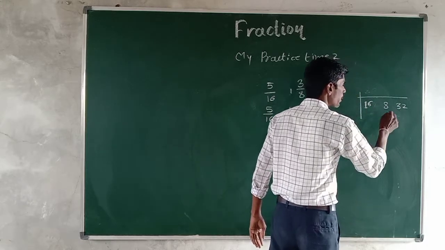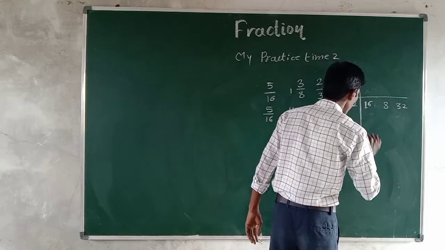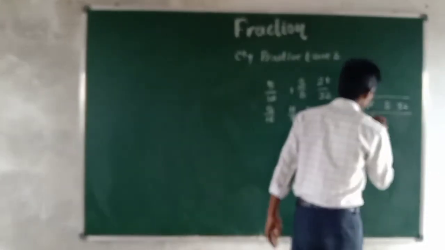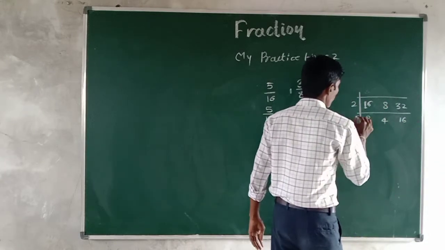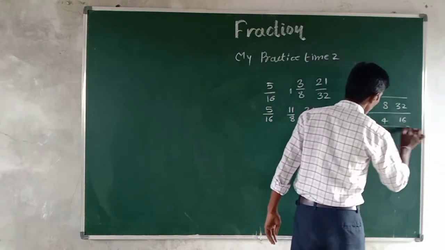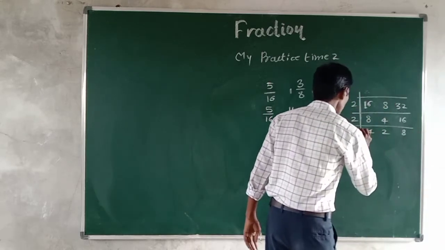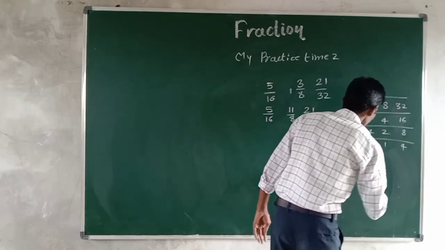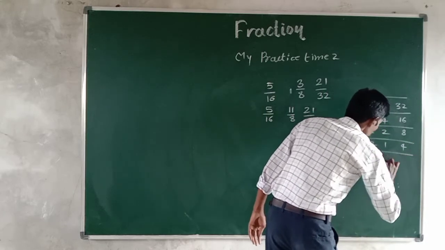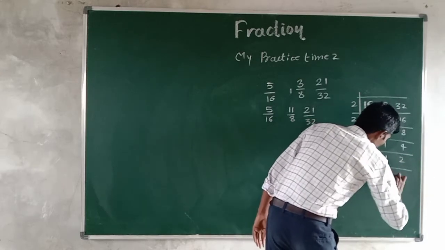There is a 16, there is an 8 and there is a 32 and all are divisible by 2. That's why we divide all these numbers by 2. That gives 8, 4 and 16. Again 2: 4, 2, 8. Again 2: 2, 1, 4. Again 2: 1, 1, 2. Again 2: 1, 1, 1.